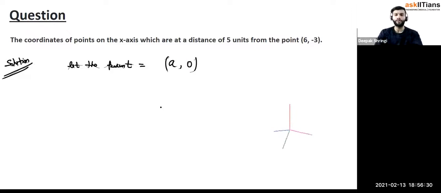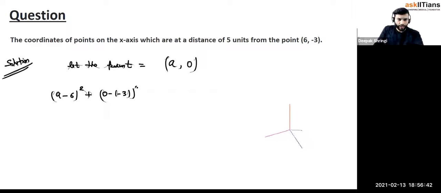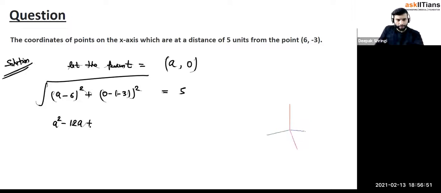Distance of a comma 0 from 6 comma minus 3 is given to you as 5, right? So I'm going to solve it now. Look at this. Square root of x2 minus x1 whole square plus y2 minus y1 whole square, the distance between these 2 points is going to be 5. So we'll get a square minus 12a plus 36.